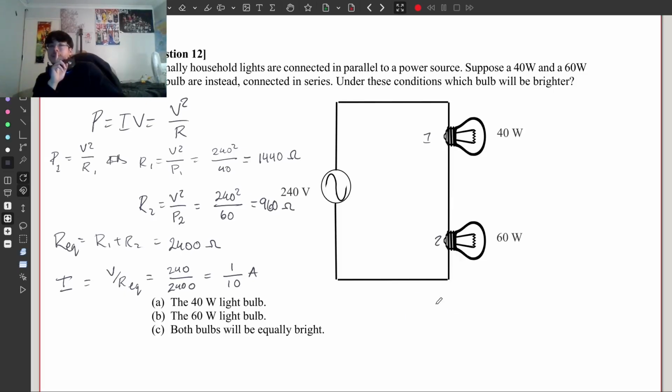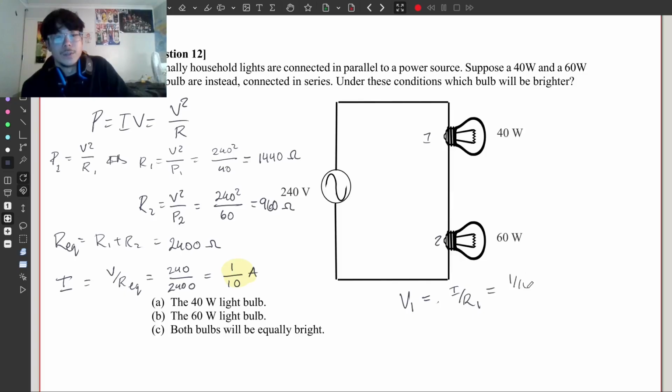We would need to find the voltage drop off, and we would need to use Ohm's law again. So the voltage for one would be equal to I times the resistance of your first one. I we find here, so we use this value here.